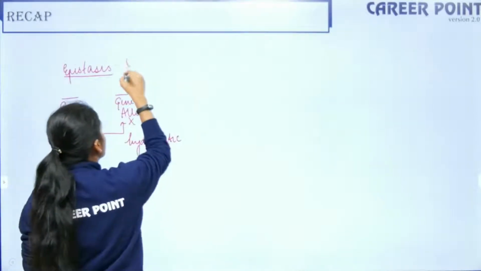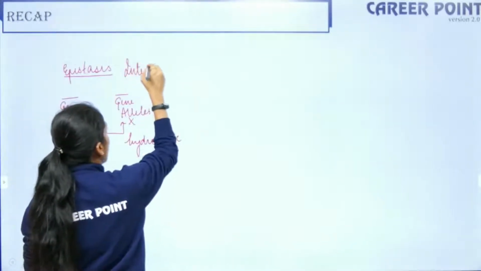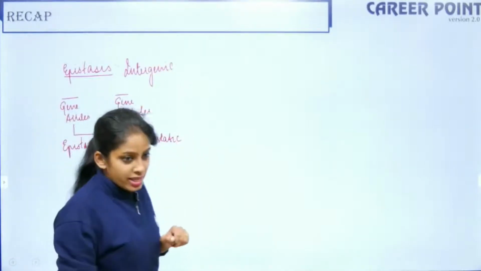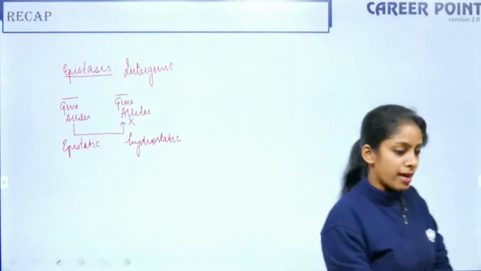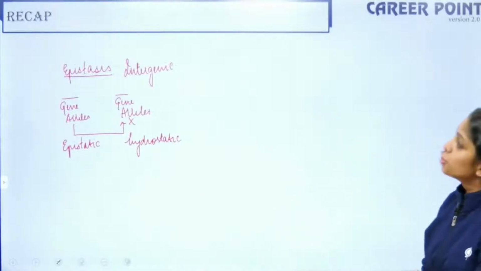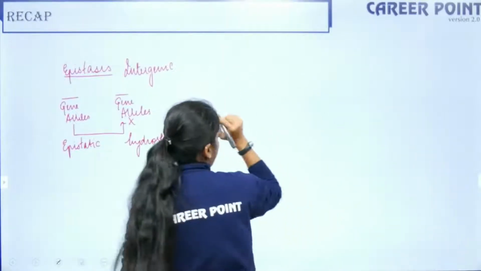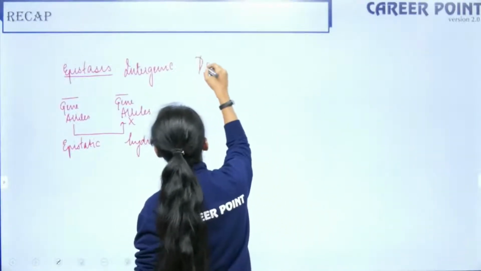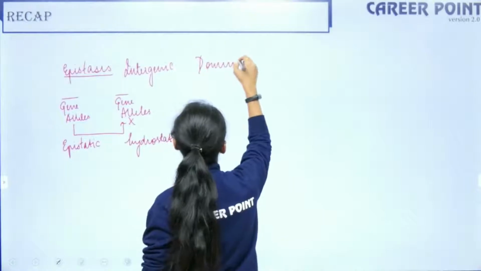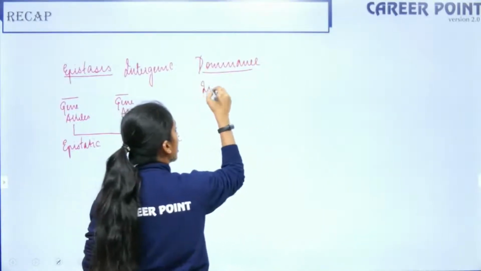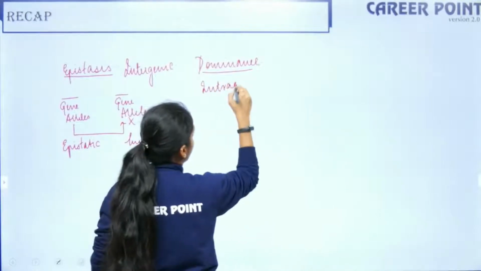We call this type of gene interaction intergenic gene interaction. Epistasis is a type of gene interaction. Now, what is dominance? Law of dominance we have read, right? Dominance is intragenic.